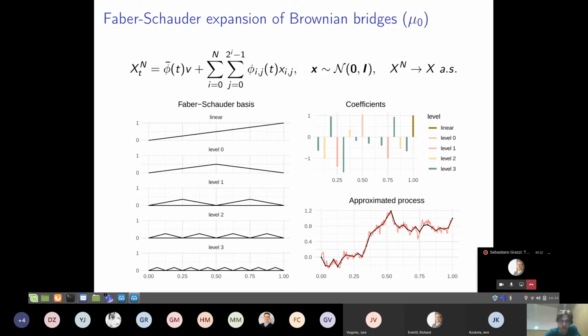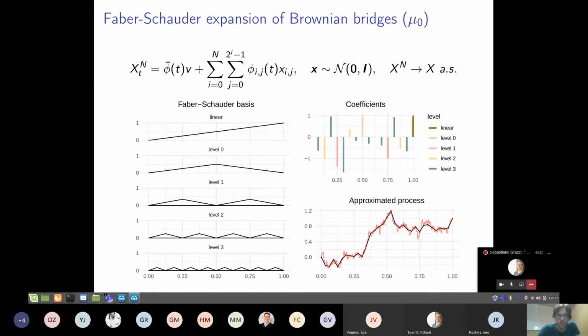These are hat functions, parameterized by two indexes, i and j. The index i we also call the level, and it defines the scale of the function. The higher i, the smaller the support of these functions. And j is the location.